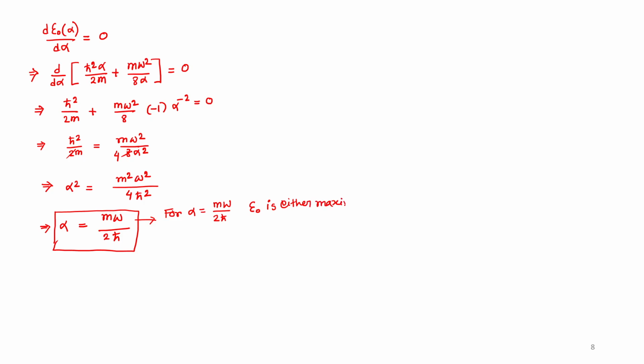For this value of alpha, epsilon 0 is either a maxima or a minimum. We can find it out using a double differentiation, obviously. So the double differentiation with respect to alpha is going to be the differentiation of h cut square by 2m plus m omega square by 8 alpha.